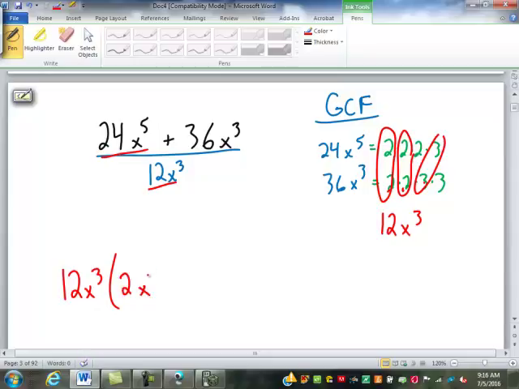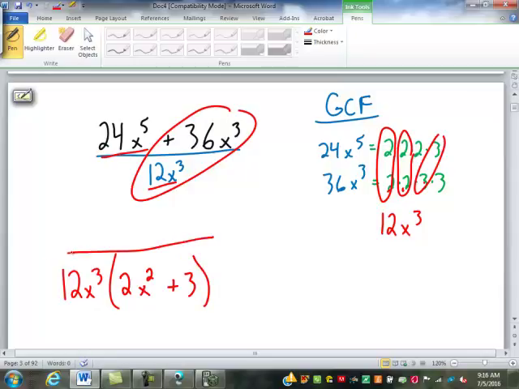X to the 2. 5 minus 3 is 2. 36x to the 3rd divided by 12x to the 3rd is positive 3. 36 divided by 12 is 3. Anything else? X to the 3rd divided by x to the 3rd cancels out. So that is simply 12x to the 3rd times 2x squared plus 3.